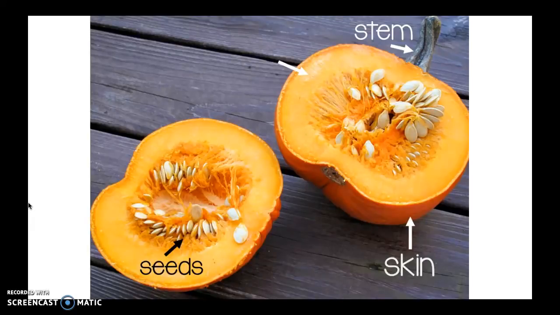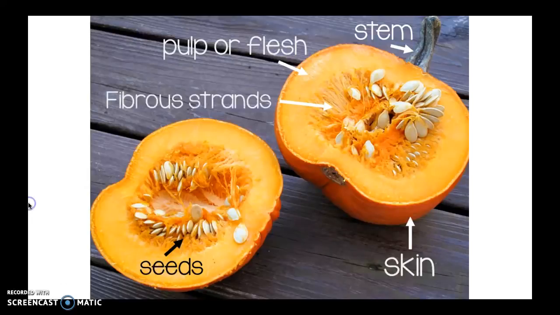What is this part of the pumpkin called? It's the same word as an apple. Pulp or flesh? If you guessed that, great job. How about these strings inside the pumpkin, those slimy strings? If you said fibrous strands, you're correct.